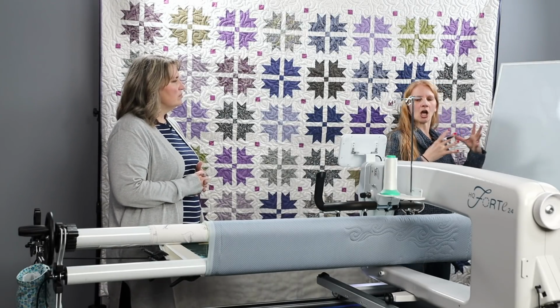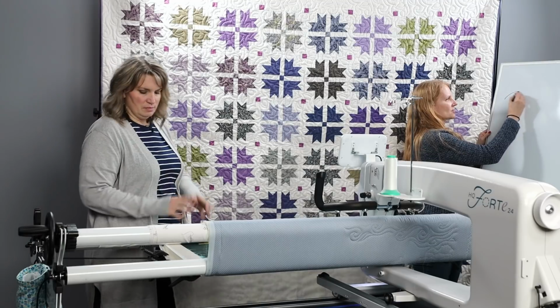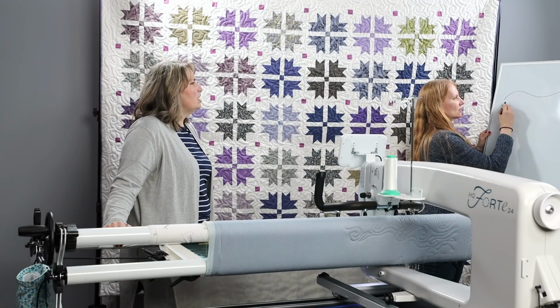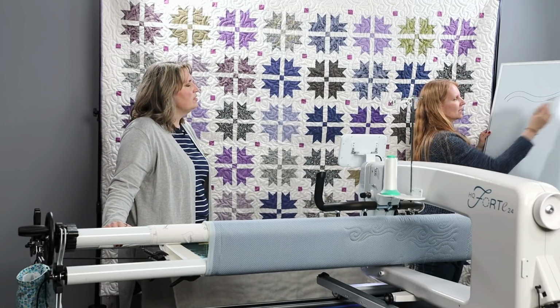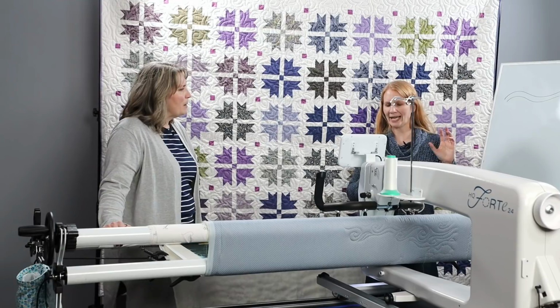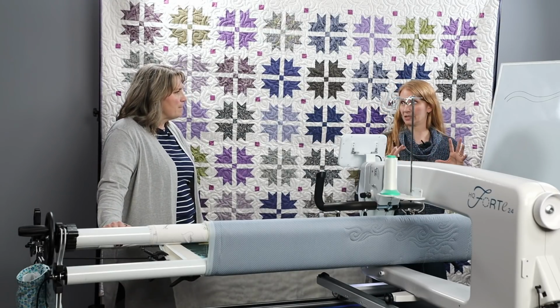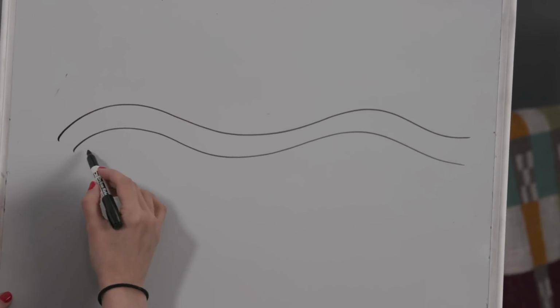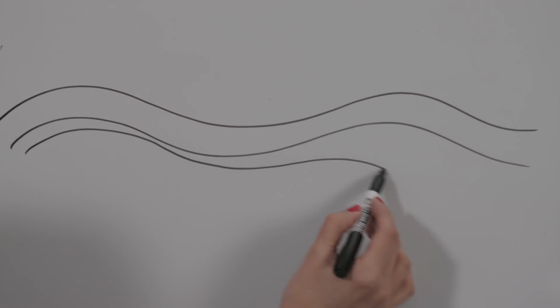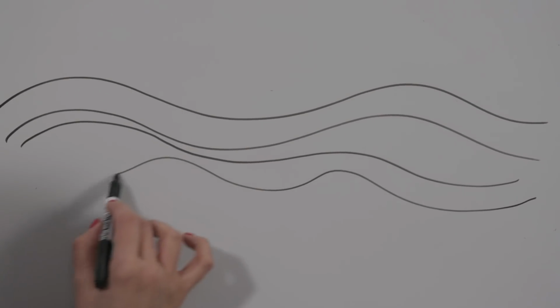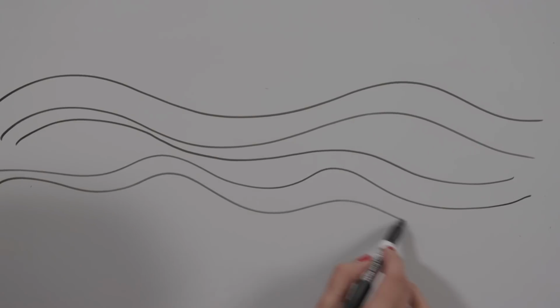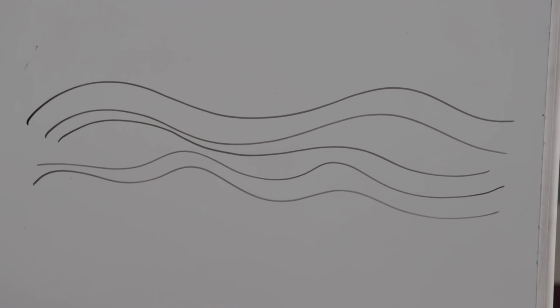It's a large body of water, so I might just want to do some gentle waves. Very nice. And I don't like to do my waves exactly the same. I want to have some closer and some wider, and it just gives it a different look. It definitely creates more movement in that design.